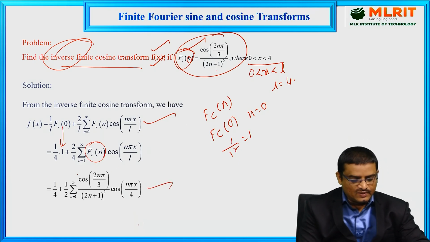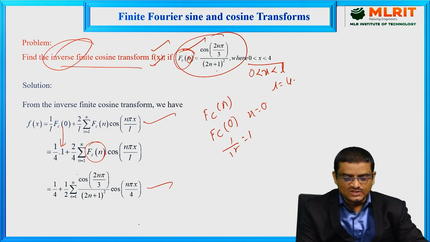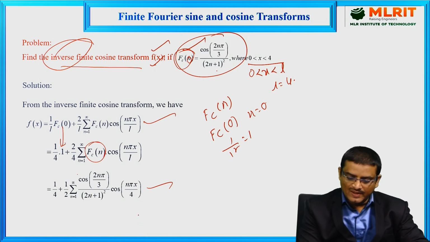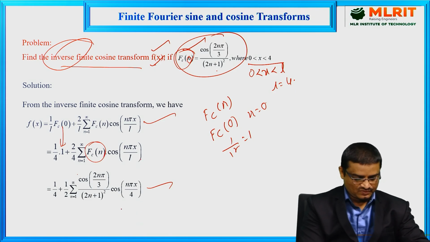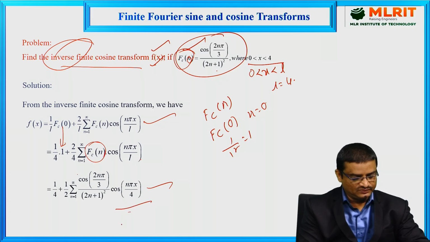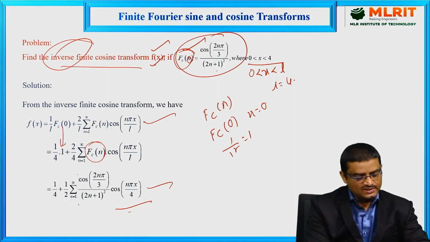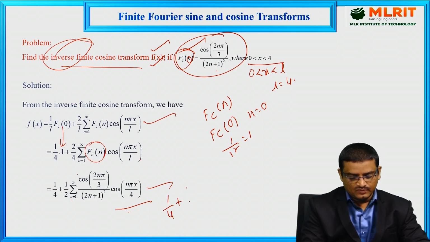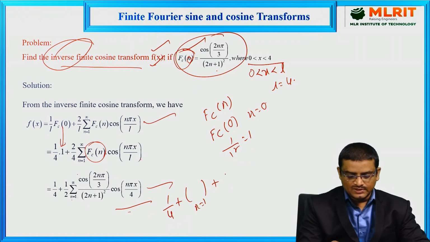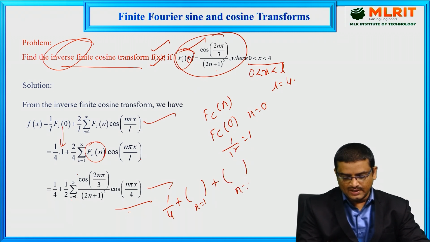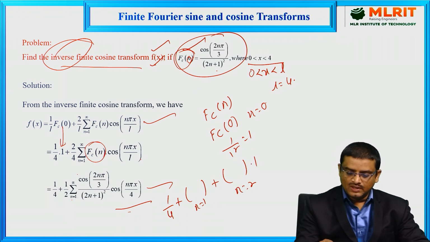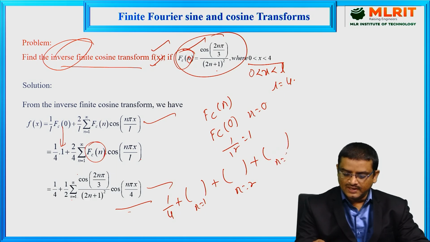So after replacing the F_c(n) value and L value, this is our final result. Now if you want, we can expand it: you will get 1/4 as the first term, then the second term by taking n is equal to 2, and the third term by taking n is equal to 3.